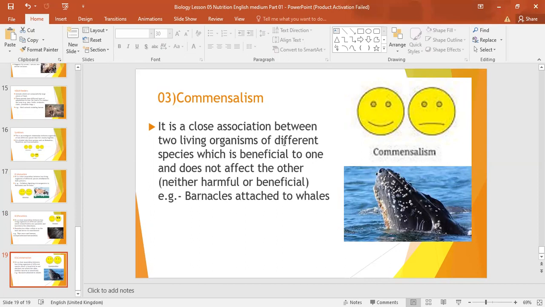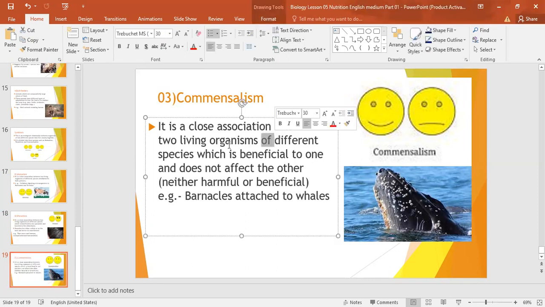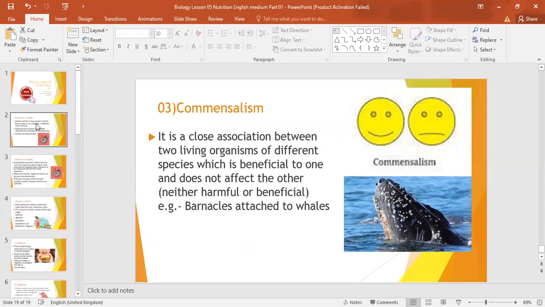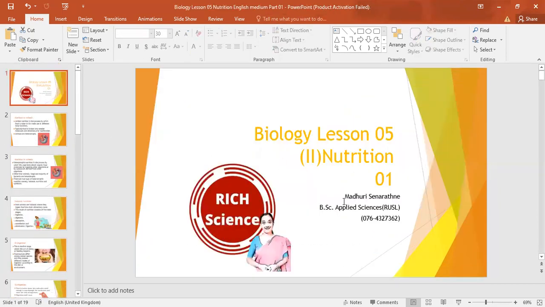Very important, different species. It is beneficial to one and does not affect the other, neither harmful nor beneficial. Barnacles attached to whales. Okay, that's all about the introduction part of nutrition. In the next video, we will discuss human anatomy.